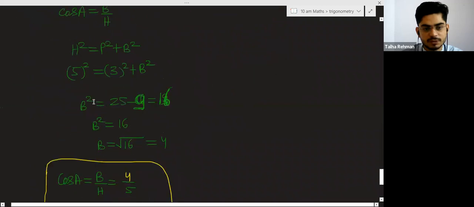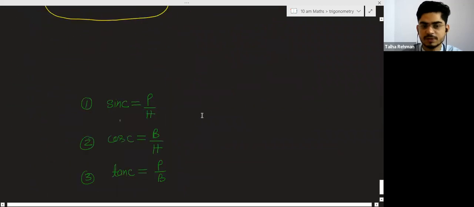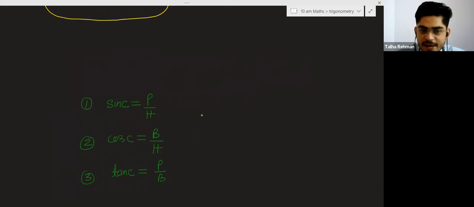Now Myra, I am just telling you, you have to just remember these three formulas. I suggest you only remember these. Here the angle can be anything, either A or B. But you have to remember sine of any angle is P for perpendicular over H for hypotenuse. Cos is base over hypotenuse. Tan is perpendicular over base.